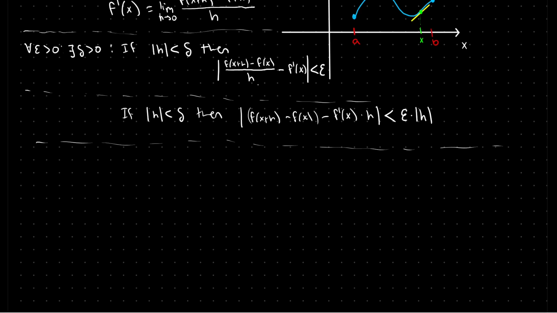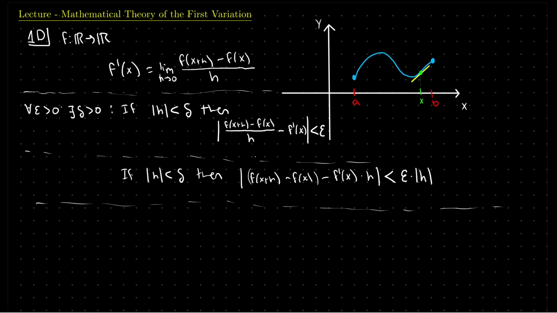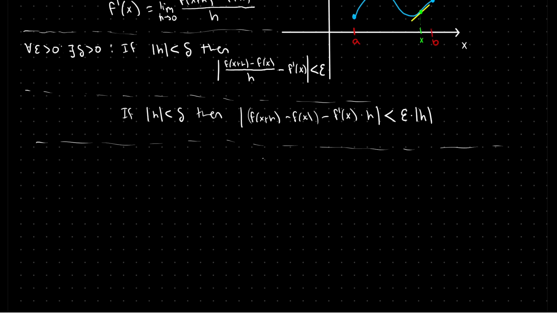If we reinterpret this in terms of Taylor series, we can see exactly why. So consider this quantity right here, f of x plus h minus f of x. From calculus 3, we know that under certain conditions on the function f, we can express this difference in terms of a Taylor series.